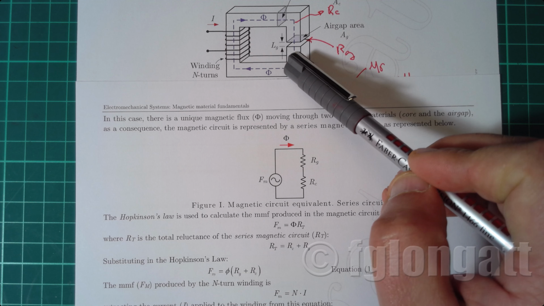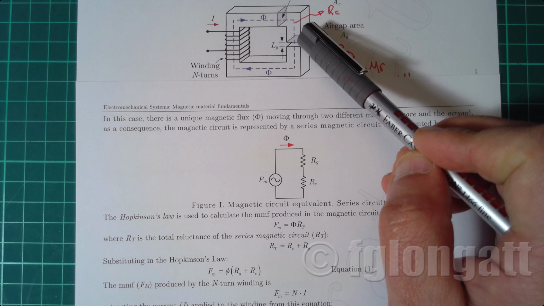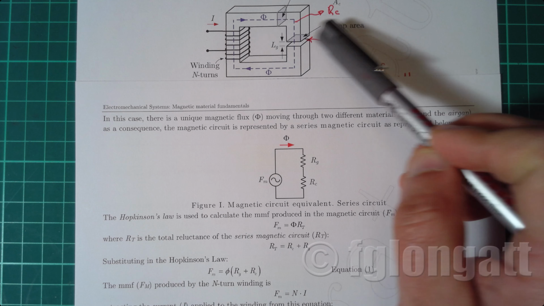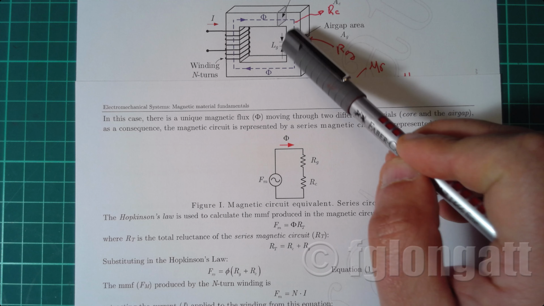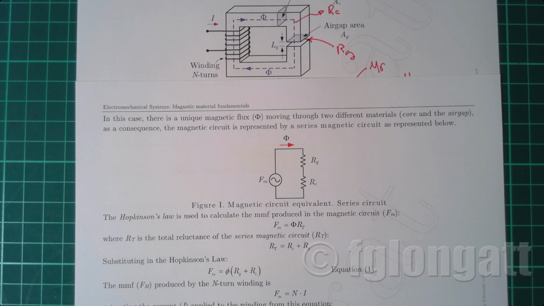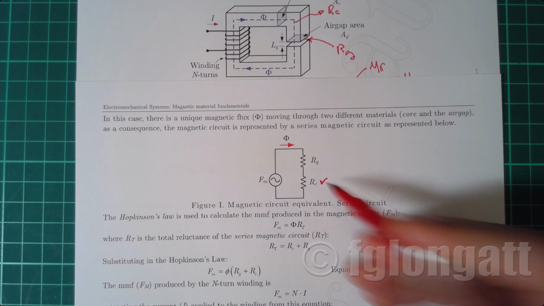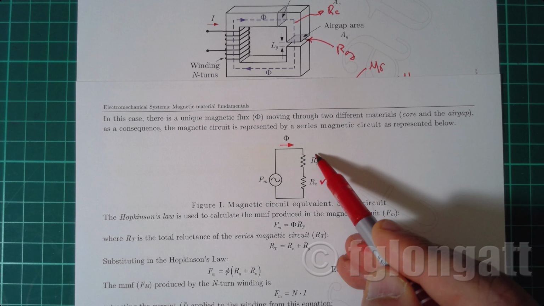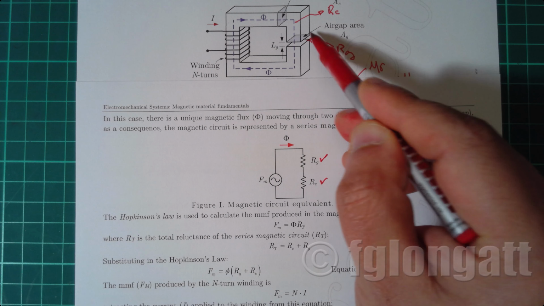There is one material that is a very good ferromagnetic material, the magnetic core, but then we have this small empty space over there. So this reluctance over here is representing this section, and this reluctance over here is representing the air gap.